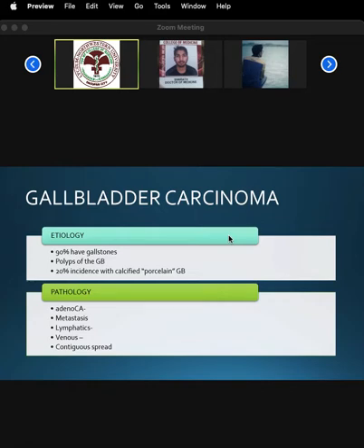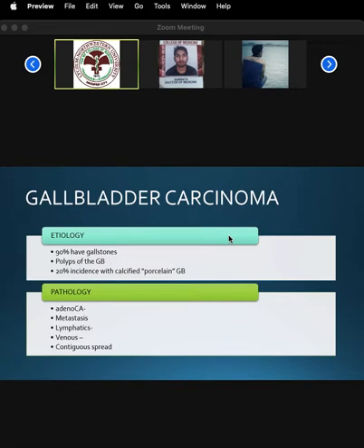Now, this is one of the reasons why we recommend early cholecystectomy even in patients with asymptomatic gallstones. Okay? It may also develop from polyps of the gallbladder, especially if the polyp is more than 1 centimeter. And 20% are associated with the calcified or porcelain gallbladder.